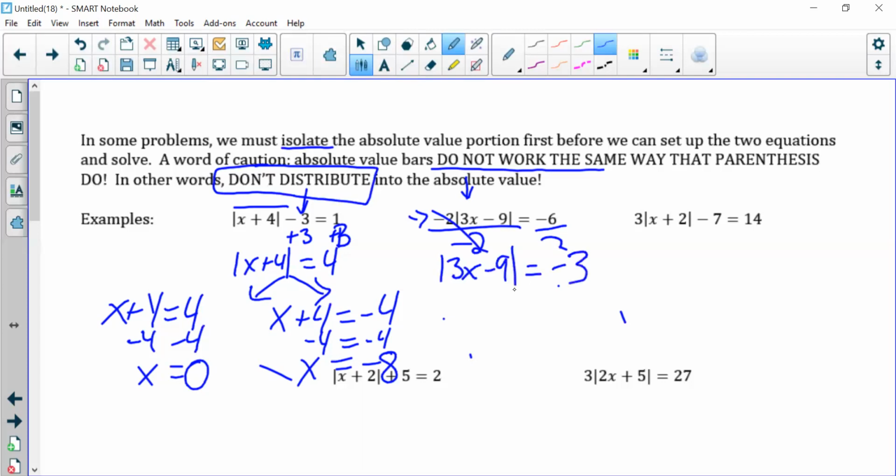Now we can split it. So 3x minus 9 equals negative 3. Wait a minute. Do you catch what I just caught? This equals a negative 3. Did I do something right or wrong here? I did something wrong.